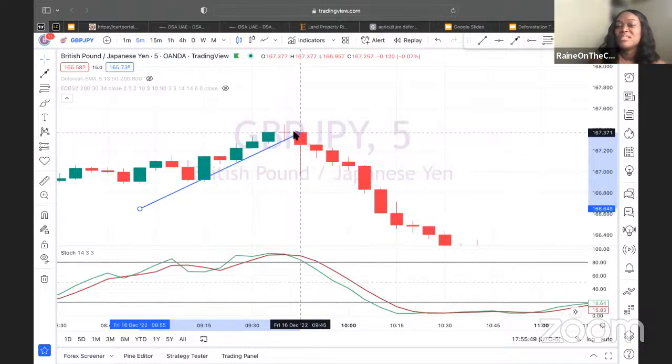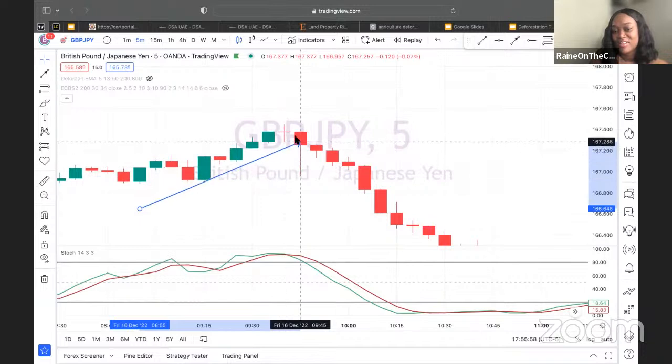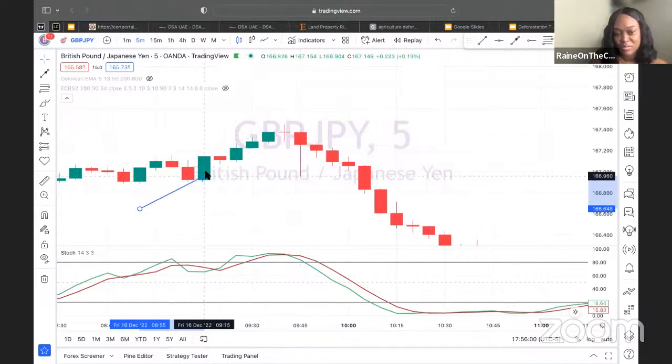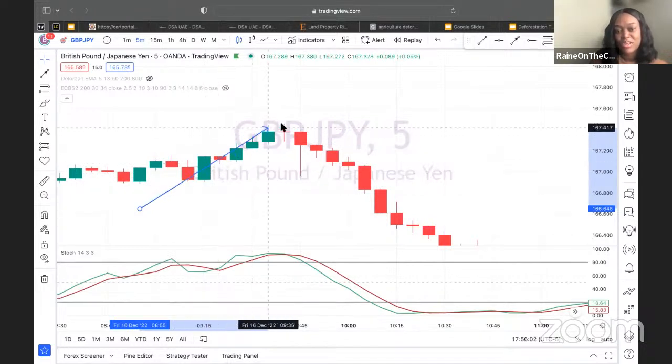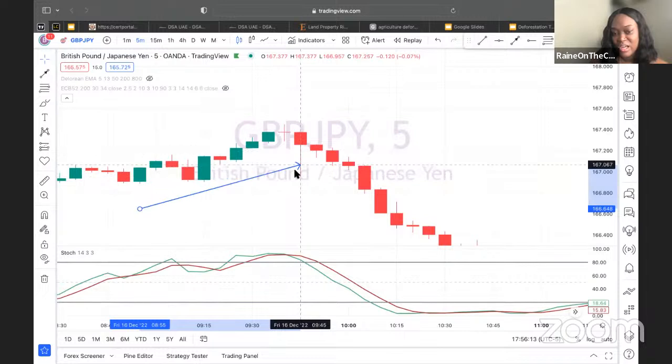And at that point, the sellers were in some kind of battle, right? Because it was buys before, but then there was some kind of fight going on. But the sellers won ultimately. Price came down here, but the buyers came back in.